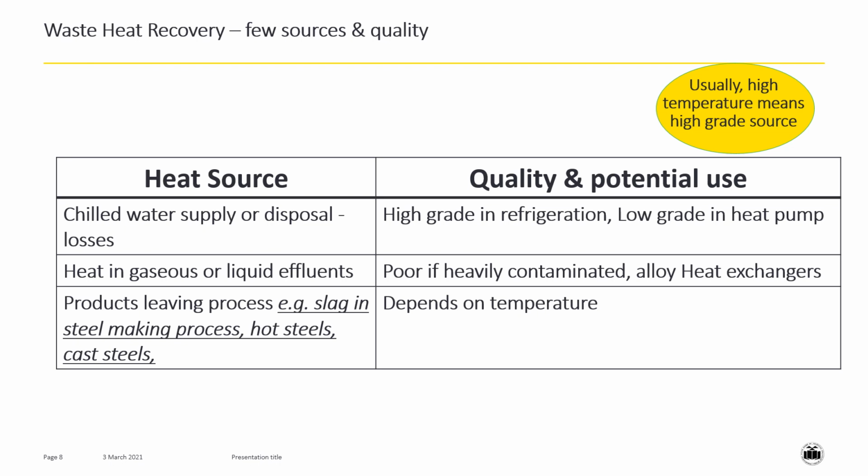Another heat source is chilled water supply or disposal. This is a high grade loss if we are using it in refrigeration, and if it is used in a heat pump, it is a low grade kind of waste heat source.